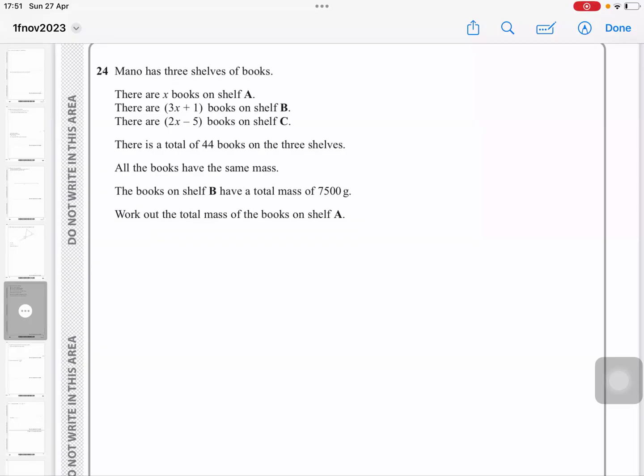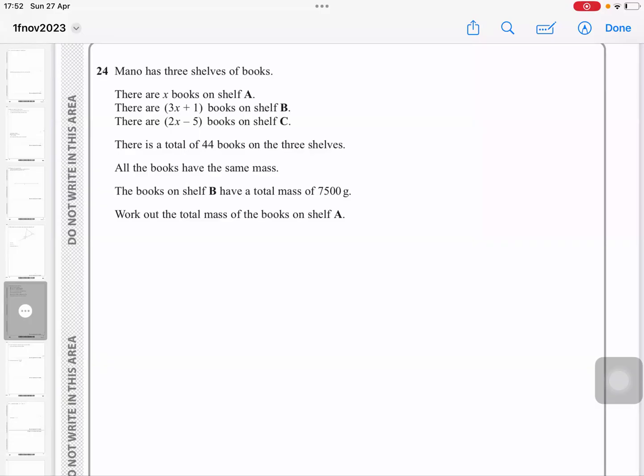There are X books on shelf A, and there are 3X plus 1 books on shelf B, and there are 2X minus 5 books on shelf C. So what does it say? There's a total of 44 books on the 3 shelves. All right, so what do you think about this question? I don't really know.